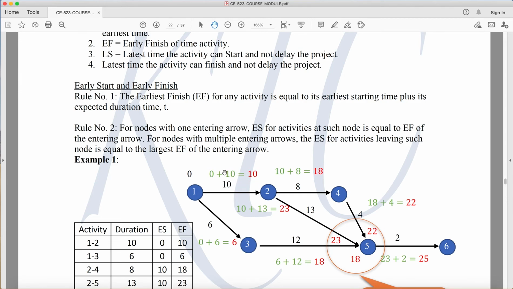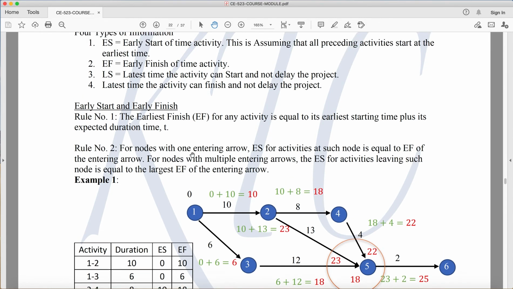Okay, so the formula is the early start plus the duration is equivalent to EF. Now, rule number 2. For nodes with 1 entering arrow, ES for the activity leaving such node is equal to EF of the entering arrow. For nodes with multiple entering arrows, the ES for activities leaving such node is equal to the largest.